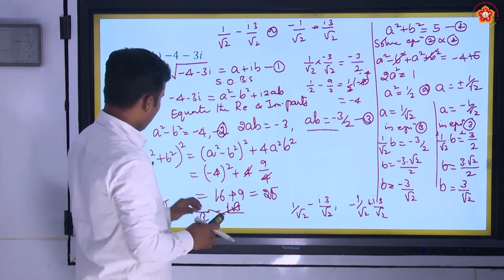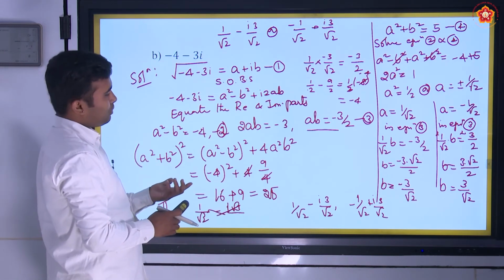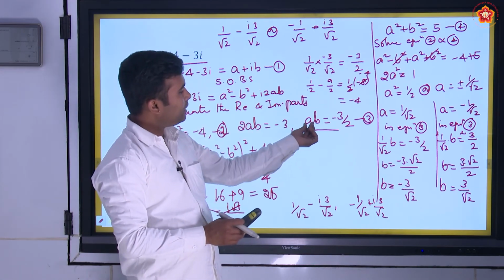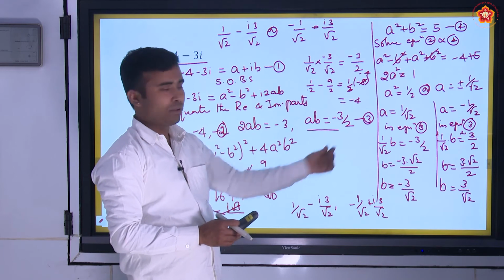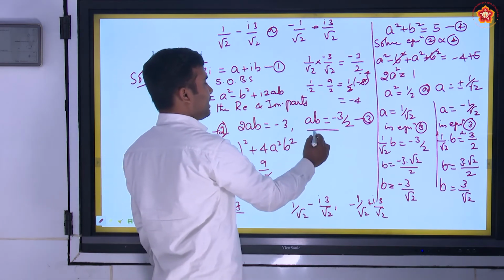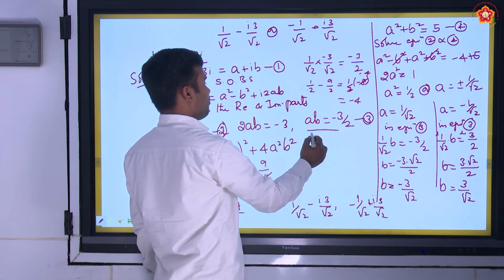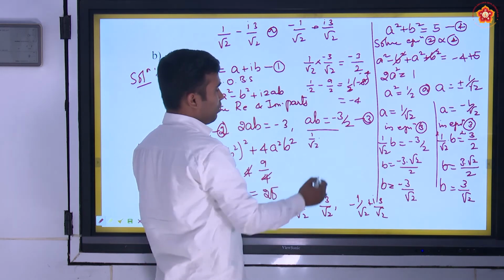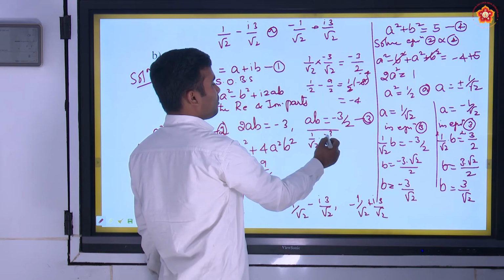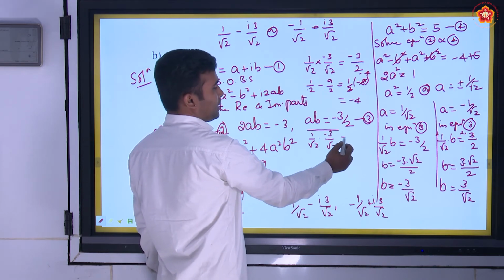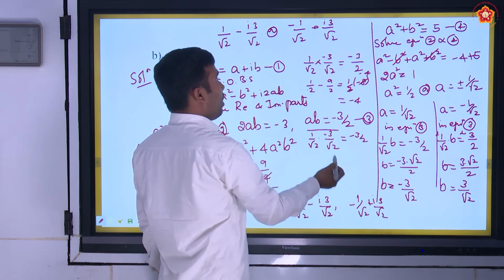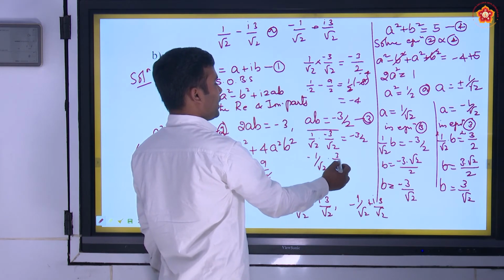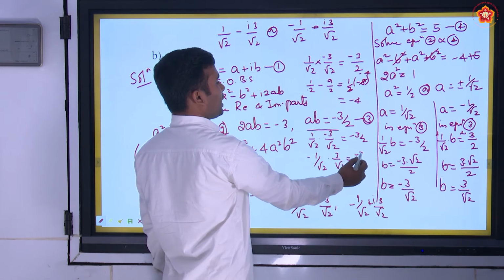Now in another way also we can solve this without doing all this. See here, ab is equal to minus 3 by 2. The factors we have to find: 1 by root 2 into minus 3 by root 2, which is minus 3 by 2, or else minus 1 by root 2 into 3 by root 2, which is also equal to minus 3 by 2.